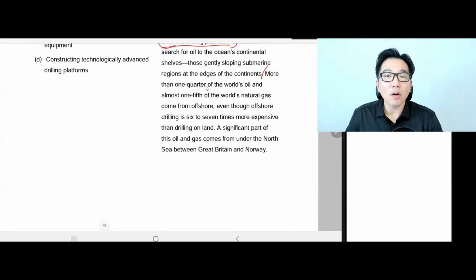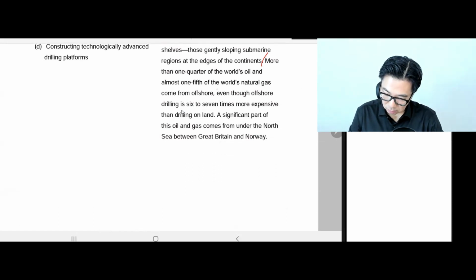More than 1/4 of the world's oil and almost 1/5 of world natural gas come from offshore. So that's 25% and almost 20%. Quite a lot, right? Not the majority, but 25% of oil and 20% of natural gas comes from offshore.